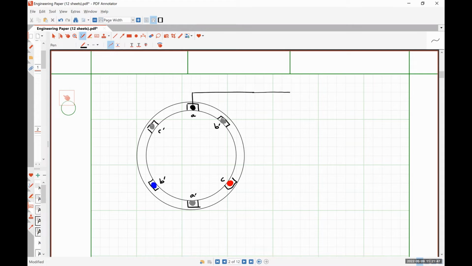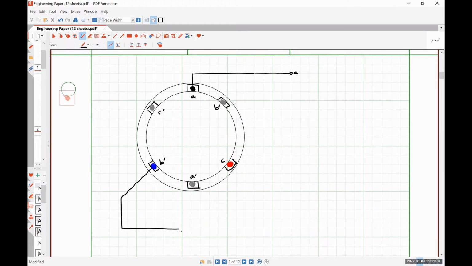Okay. So this is going to be terminal A. This is going to be terminal B. This is going to be terminal C.